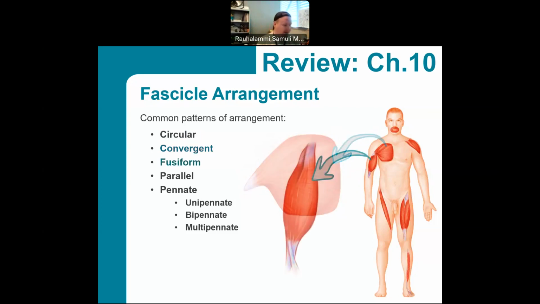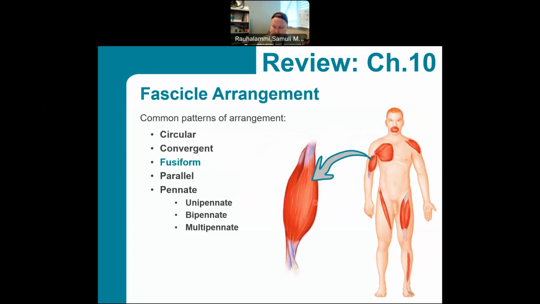Another type of fascicle arrangement that we sometimes see is that we can describe the muscle fiber arrangement as being fusiform. So here we have this spindle-shaped appearance where we have parallel fibers that run, but then they fuse into one end, either at one or both ends.